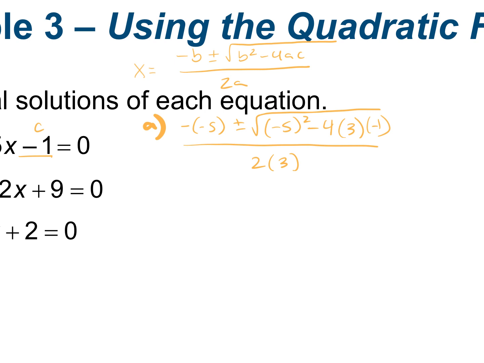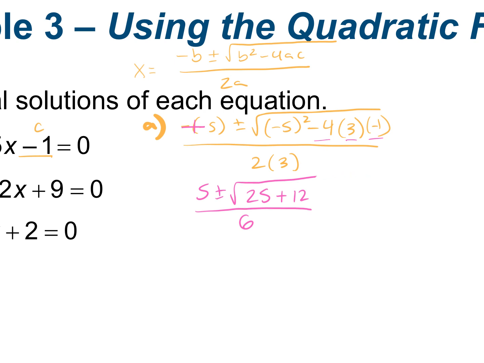Just simplify one step at a time. So what's negative 5? Positive 5. So 5 plus or minus, what's 5 squared? 25 minus, it turns into plus 12. Perfect. Technically, negative 4 times 3 times negative 1 would be positive 12. Over 2 times 3, 6.